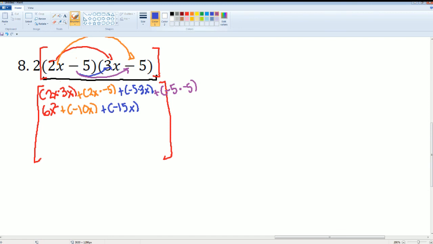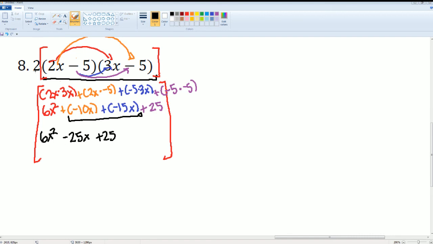And then negative 5 times negative 5 is your positive 25. Here you can combine these like terms. So here you have 6x squared. Negative 10x plus 15x is, I think, negative 25x. And you have your plus 25 here. Alright? Okay. So this is what the inside is.